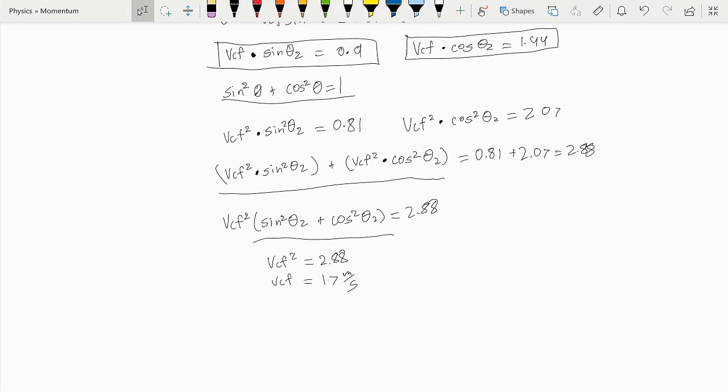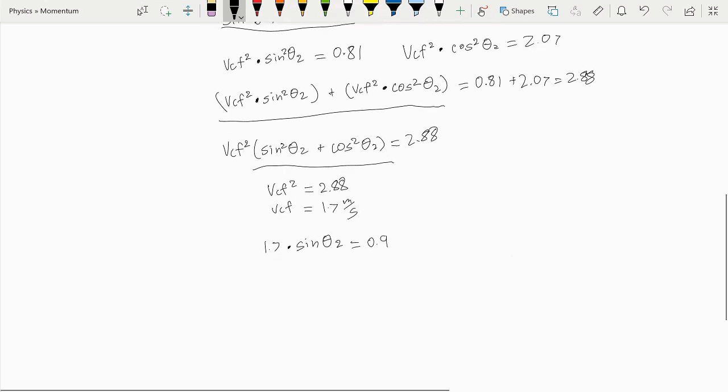So if we take 1.7 and we plug it in for the value of VCF, 1.7 times sine theta 2 equal to 0.9. So sine theta 2 is equal to 0.9 divided by 1.7.